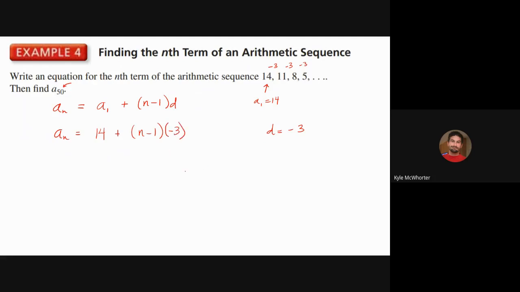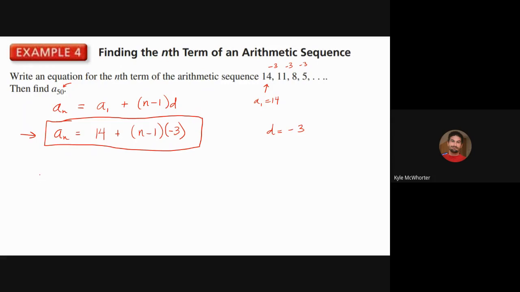Now, this is technically an equation for the nth term. Later on, we'll go through the distributive property and simplifying it to get it to be in the form of y equals mx plus b. But for now, all we need to do is we have an equation for this that'll generate the sequence, and we just need to find out the 50th term.